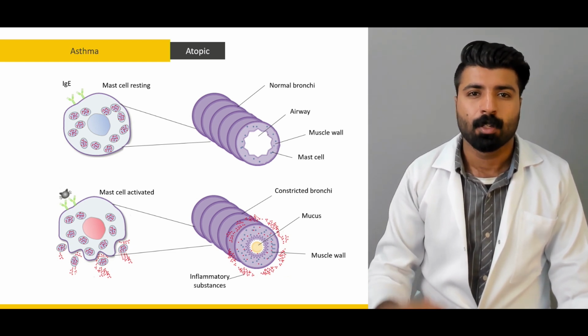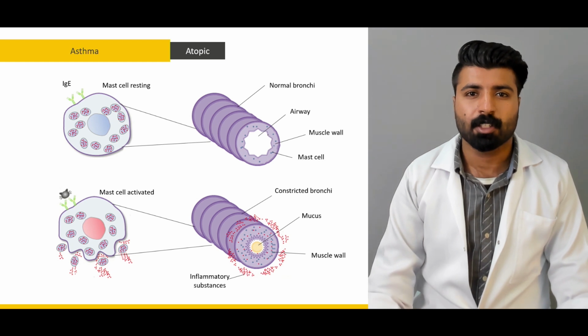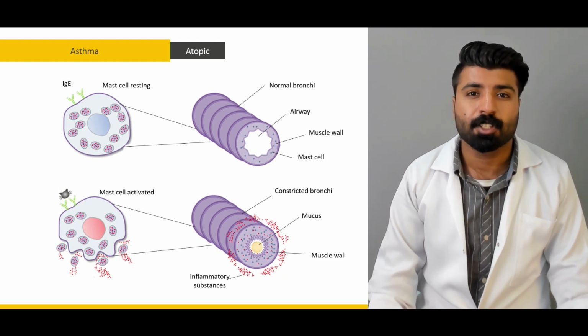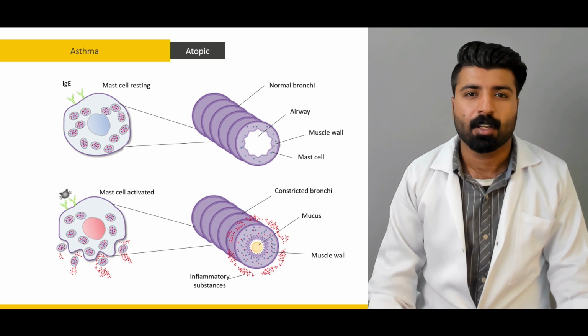It's going to trigger the response of Th2 cells, of CD4 plus T cells. Th2 cells will be produced, which will in turn produce three interleukins: interleukin 4, interleukin 5, and interleukin 10.